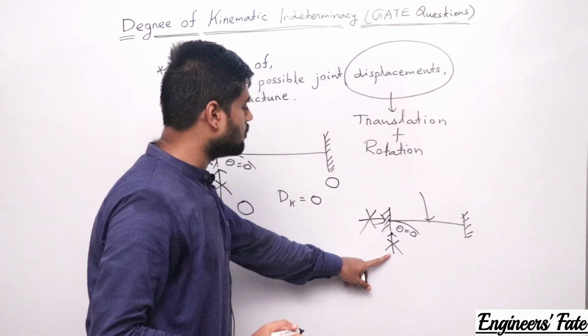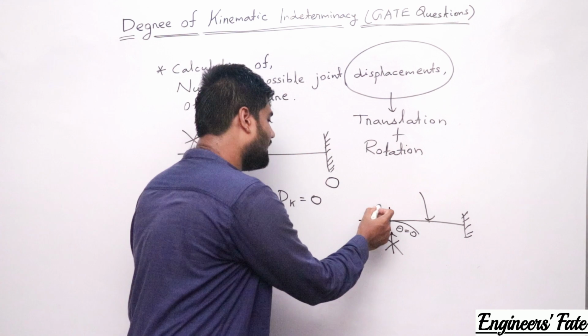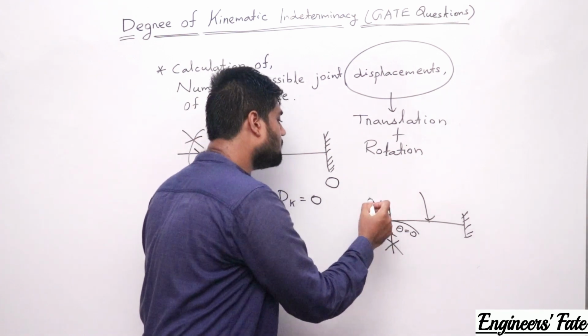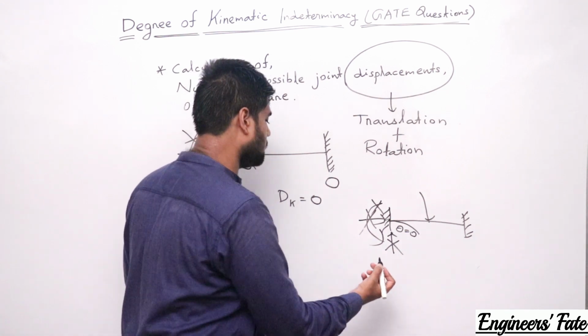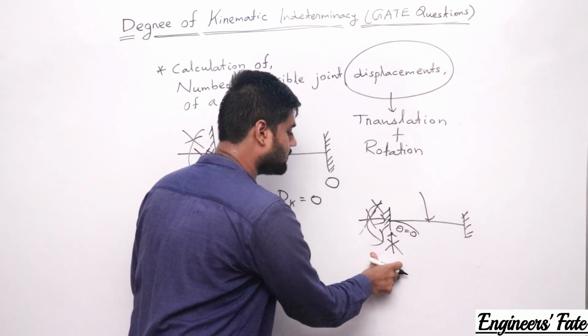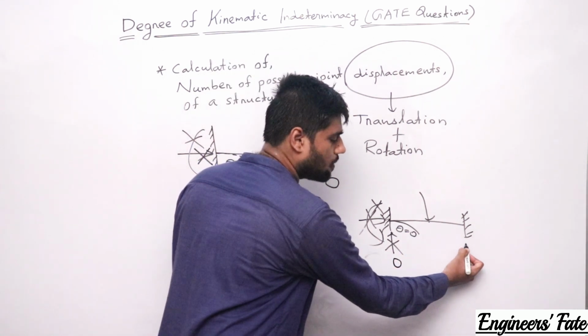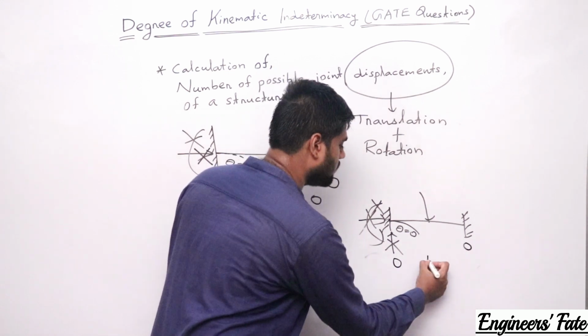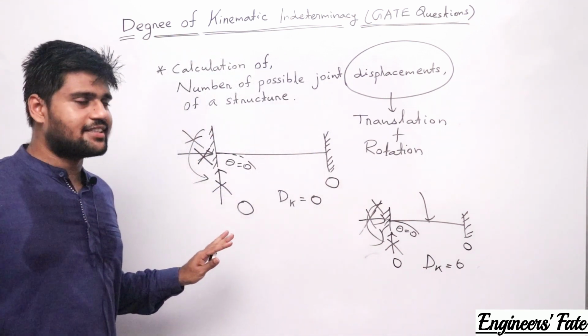There is no vertical movement, there is no horizontal movement, and the beam will also not rotate. So what is the possible displacement at this end? That is 0. At the other end the number of possible displacements is also 0. So Dk equal to 0. I hope you understand this.